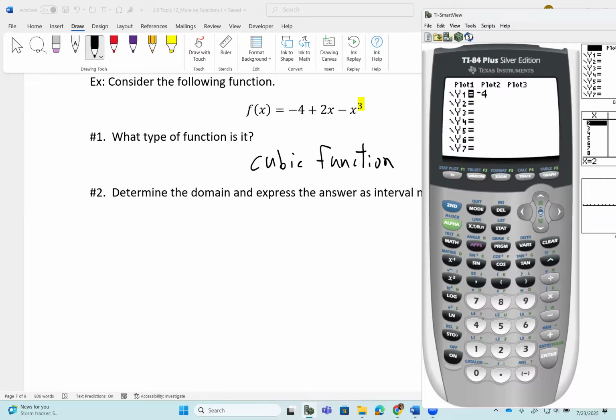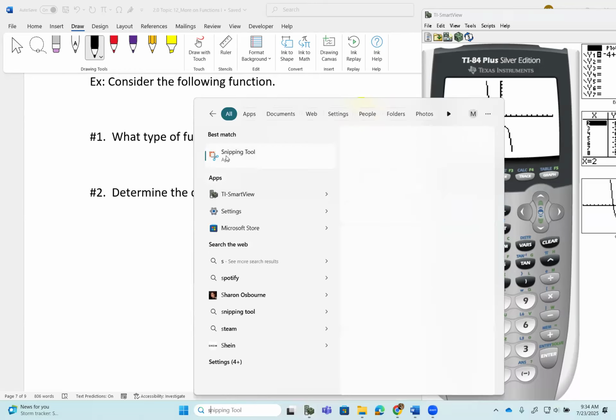So let me graph this one: -4 plus 2x minus x to the third power. Your graph looks like this. It's actually coming down from the other way. Let me take a picture of it.